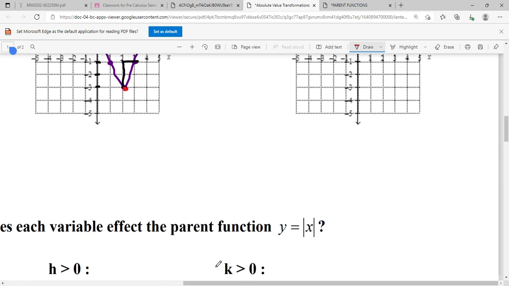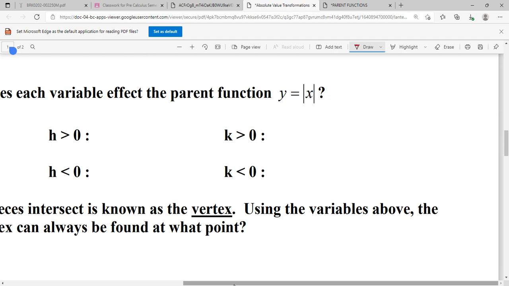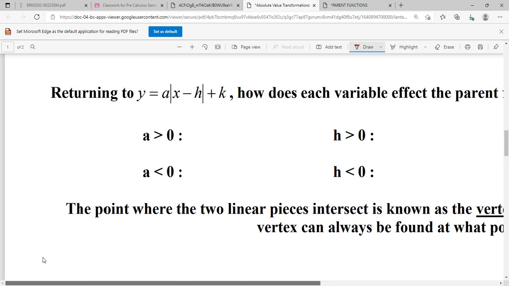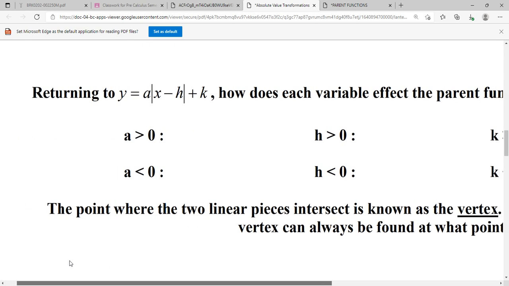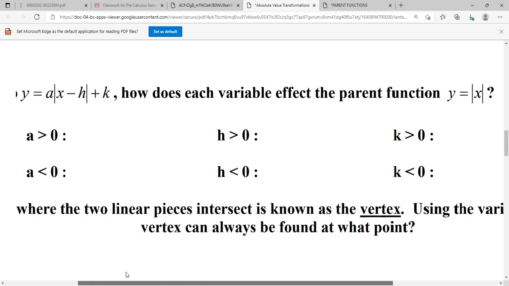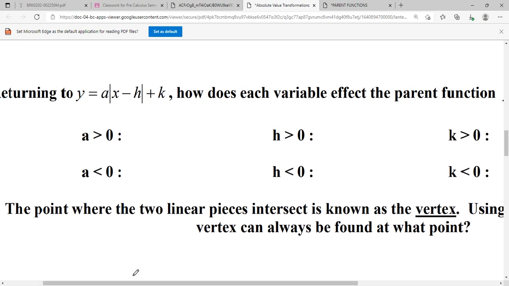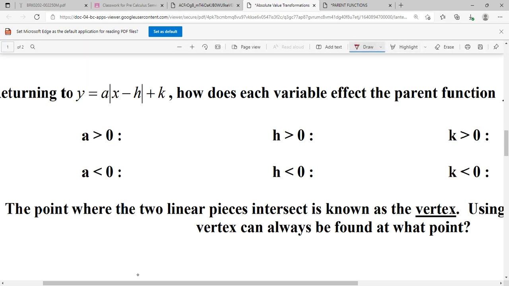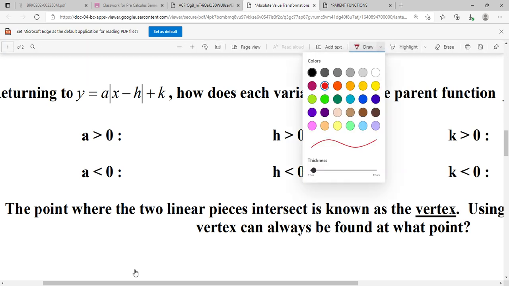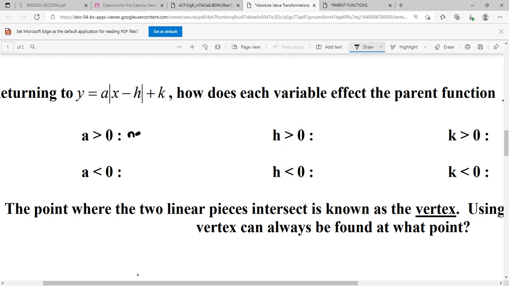All right, so let's review this real quick. How does each variable affect the parent function of y equals x? So if a is less than 0, that means it's going to be negative, right? It's going to be a negative value. It's going to flip that upside down.